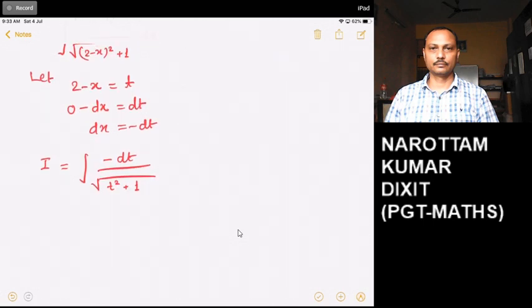Now, the integration of 1 upon under root x square plus a square we have solved recently. It was equal to log of x plus under root x square plus a square plus c.